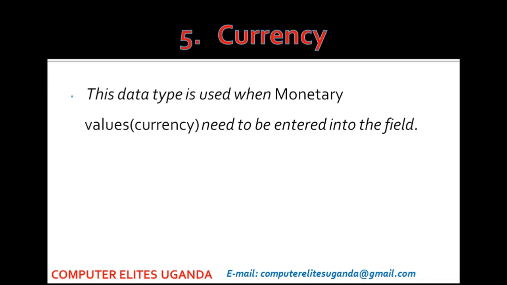But with the currency data type, you can include symbols like a dollar symbol. You can include the Ugandan currency symbol basing on a certain country. So that is the use of the currency data type. When you're creating a field that will contain monetary values, we always base on the currency data type.